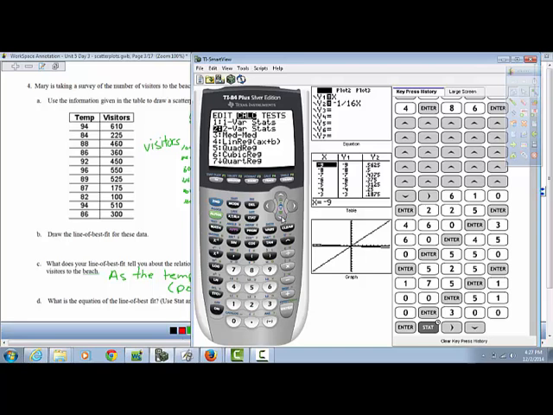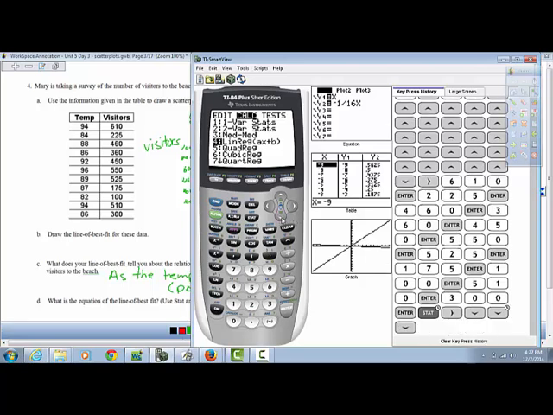And under that I want to go to number 4, where it says line reg ax plus b in parentheses, and then I'm going to press enter. The screen then says line reg with the ax plus b in parentheses, so we're going to hit enter again.